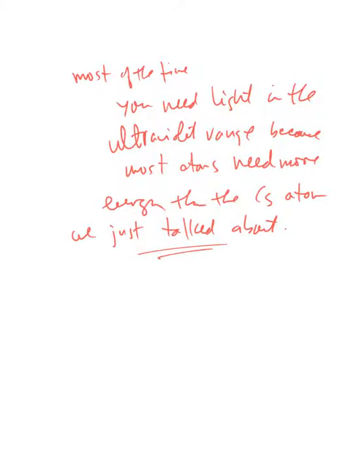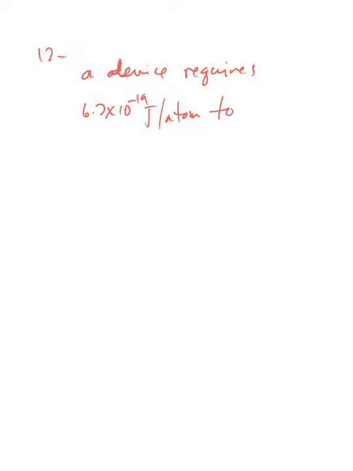All right, let's look at one more question from my book. This is number 12. That doesn't mean anything to you. But it says, my device requires 6.7 times 10 to the minus 19 joules per atom to remove an electron.